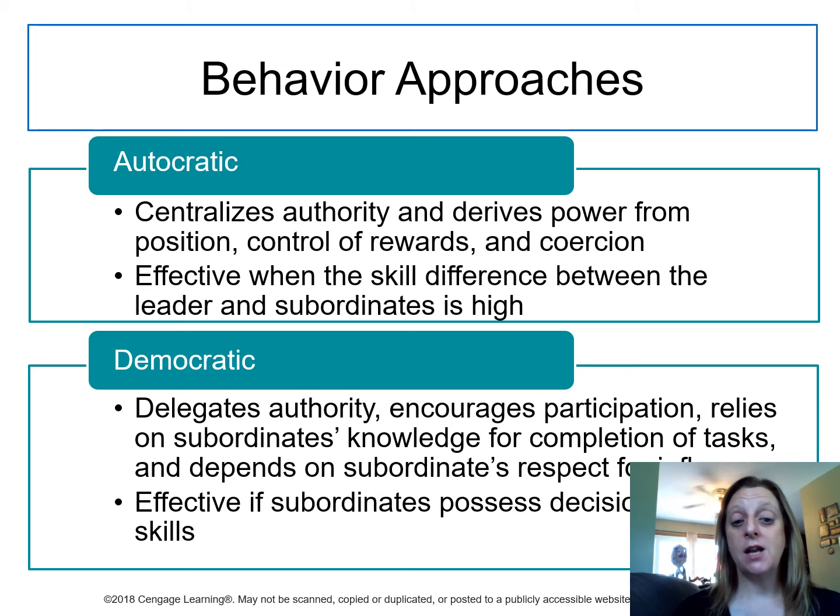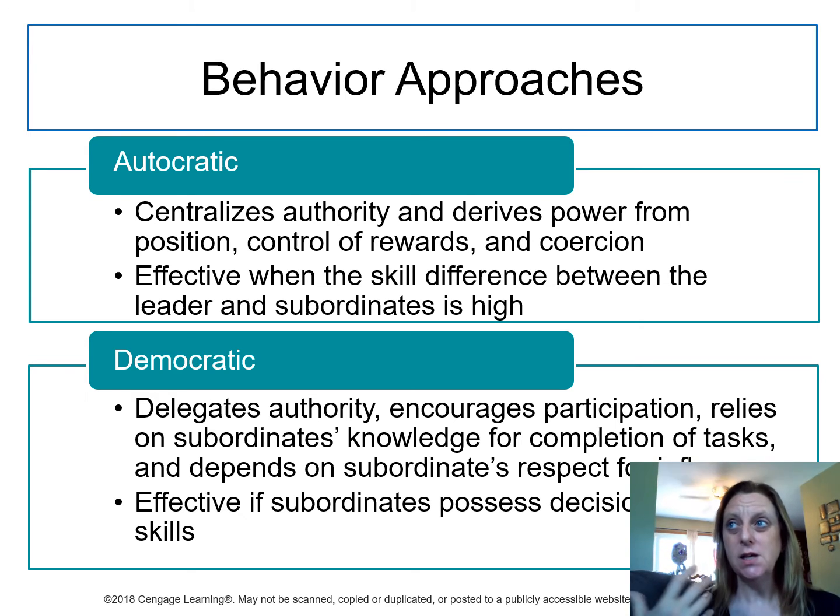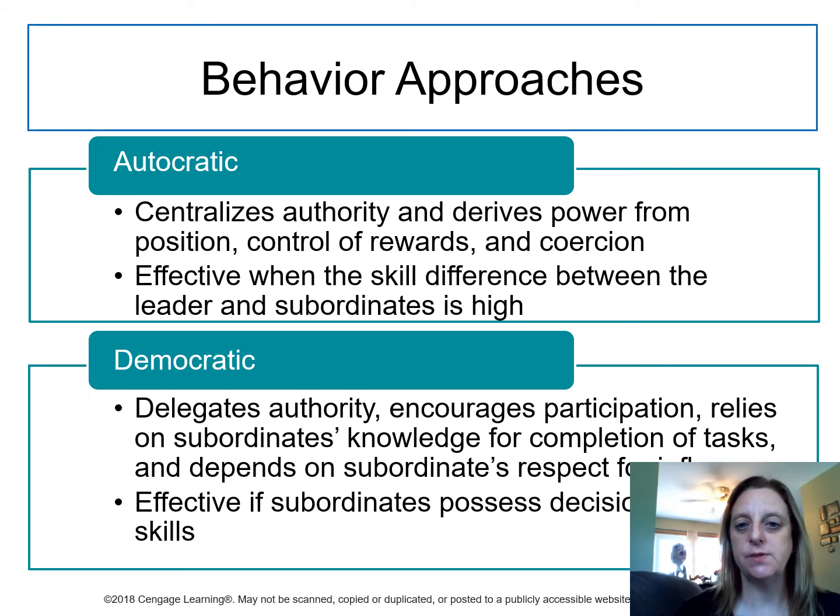So democratic styles of leadership tend to create more positive work environments, have less toxicity in the work environment, and are still productive and have positive outcomes as far as whatever their goals are for the organization.